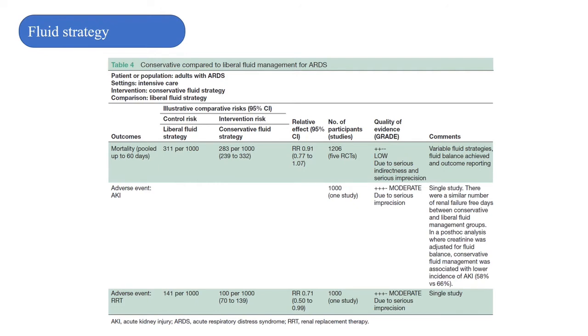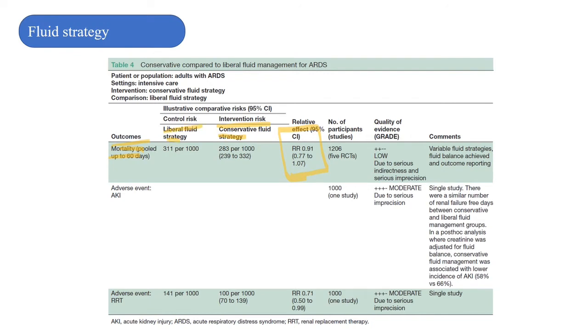Another important finding is the fluid strategy. Again, in the outcomes of mortality, up to 6-day mortality, there is no significant difference between conservative fluid strategy compared to liberal fluid strategy.